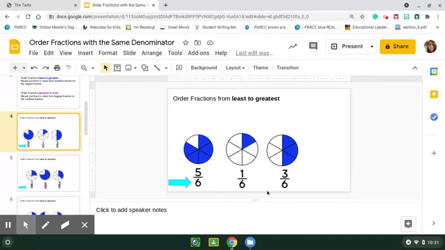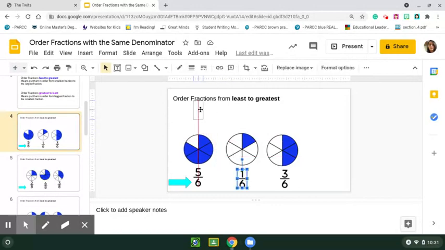So this is what you're going to find across. If all of the pies are broken up into 6 pieces, then you just have to look at the numerator. We have 5, 1, and 3. Then you would put them in numerical order. If you look at the pictures, we can clearly see which one is the least amount. If this was your favorite candy bar, who ate the least? It would be this one.